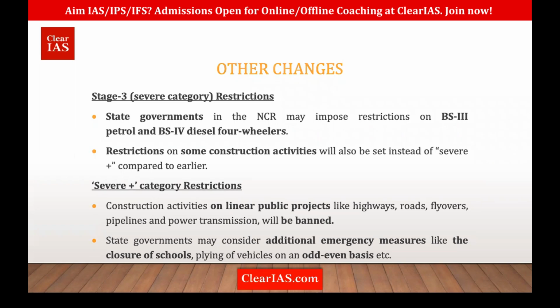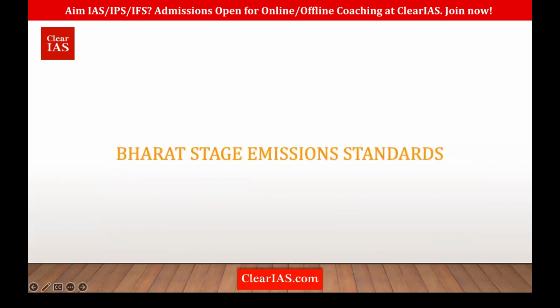Okay, so that is the graded response action plan. This is important because UPSC's favorite area is air pollution and all the initiatives under air pollution. Since the latest edition is there, the graded response action plan and its latest changes could be asked. There is a high chance that it will be asked.